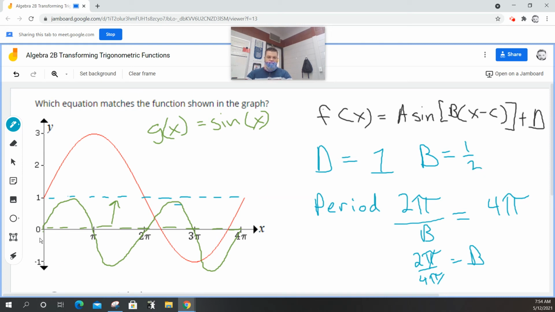Now there is no horizontal shift, so c equals 0. And then the amplitude is a. So to go from 1 to 3, that means that a is equal to 2.